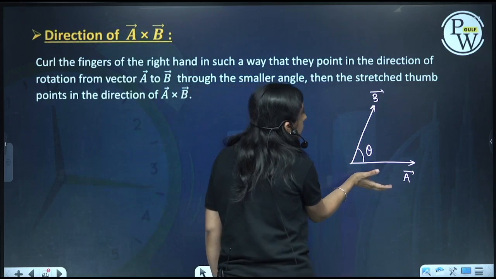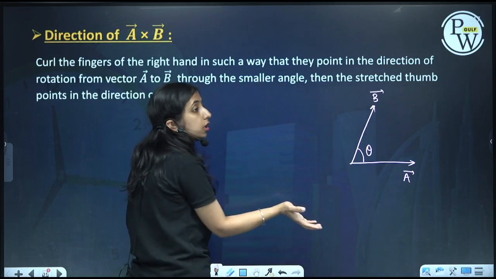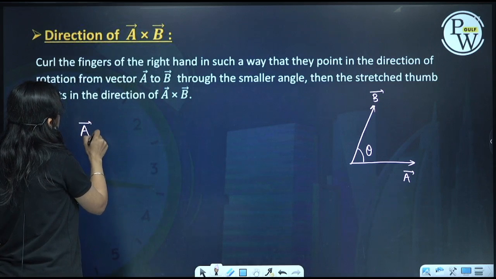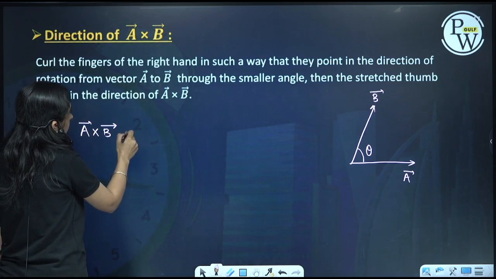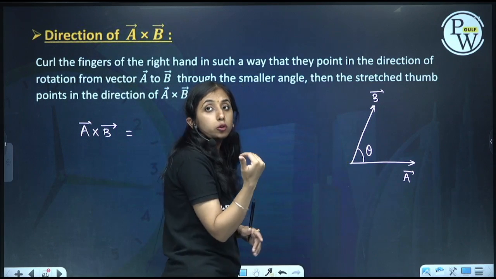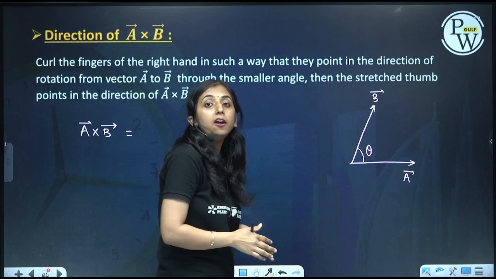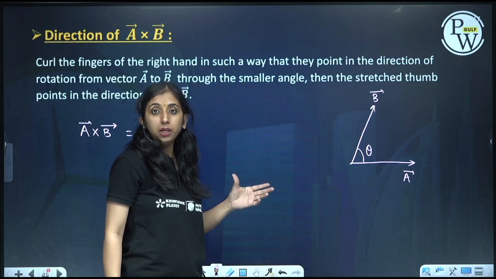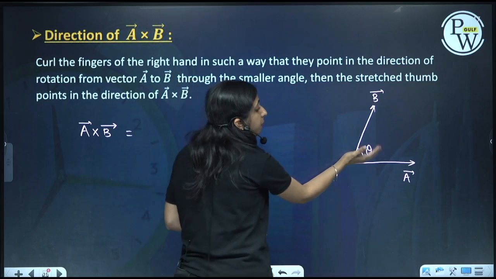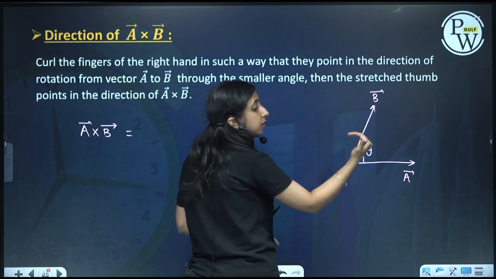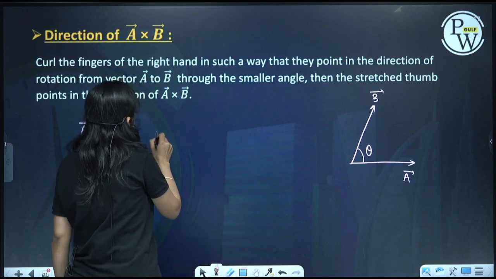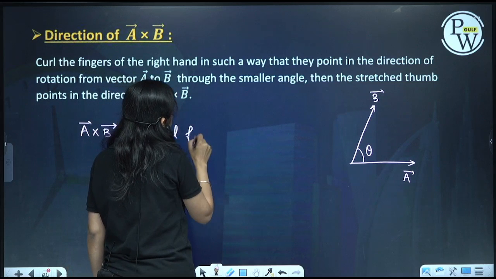See, curl the fingers of the right hand in the sense of rotation from A to B. If we are finding A cross B, then curl the fingers from A to B. The thumb will give you the direction of A cross B.